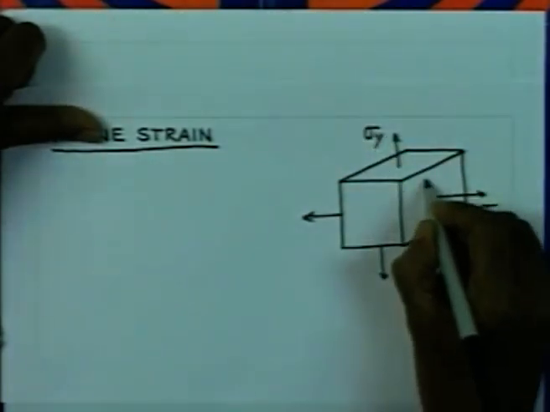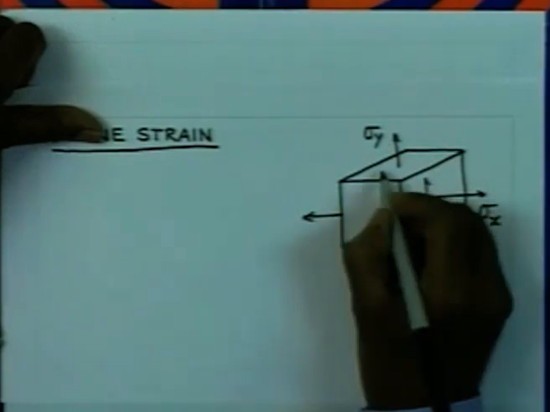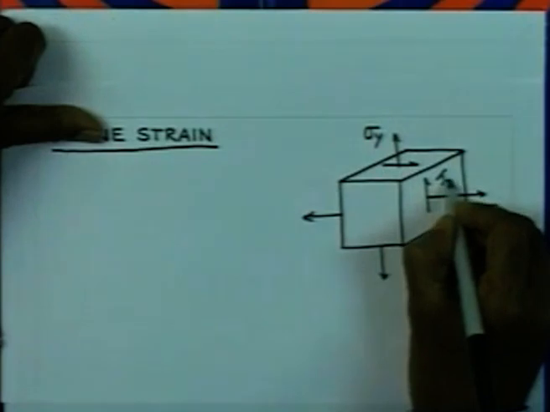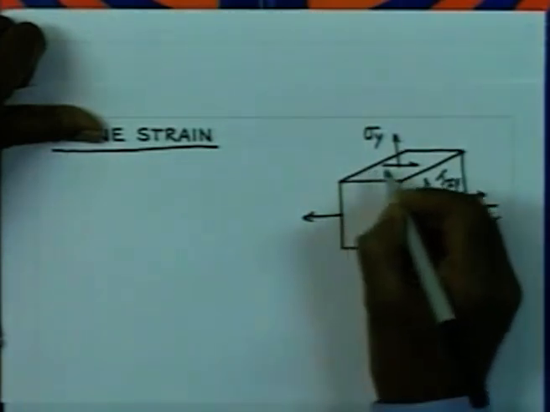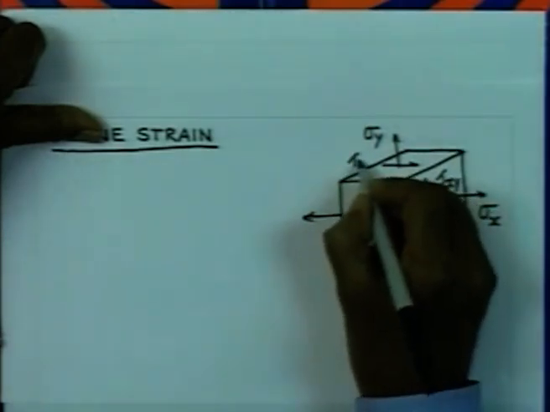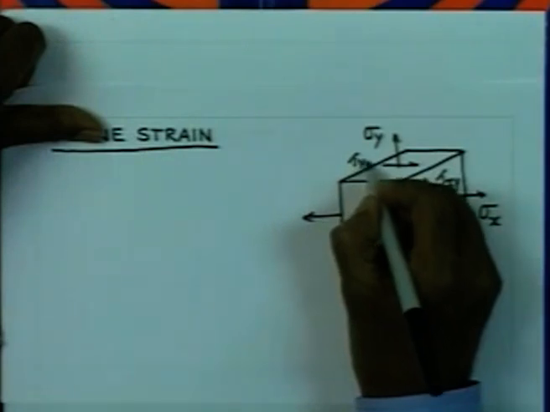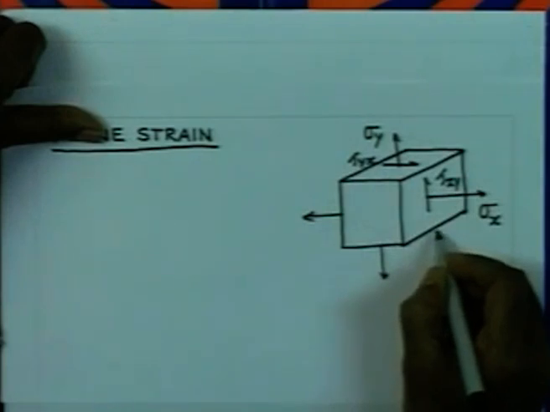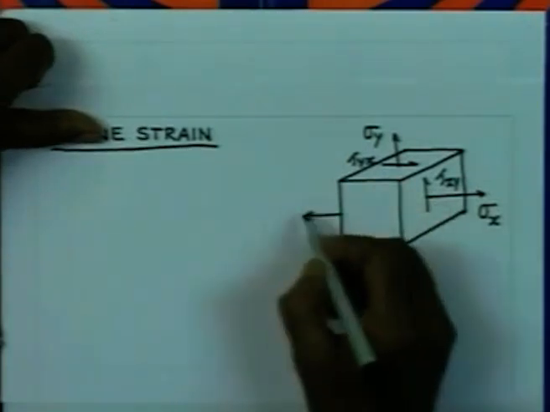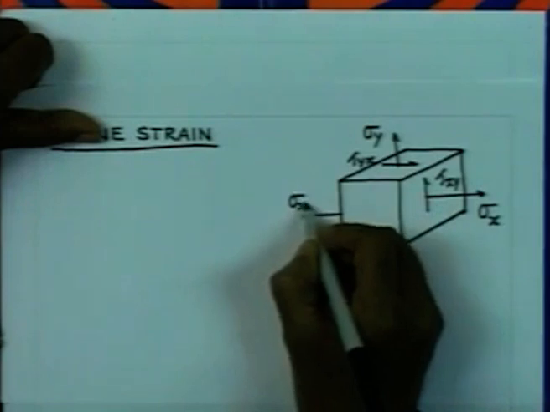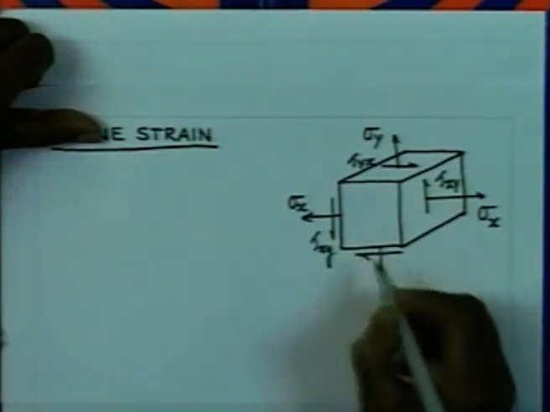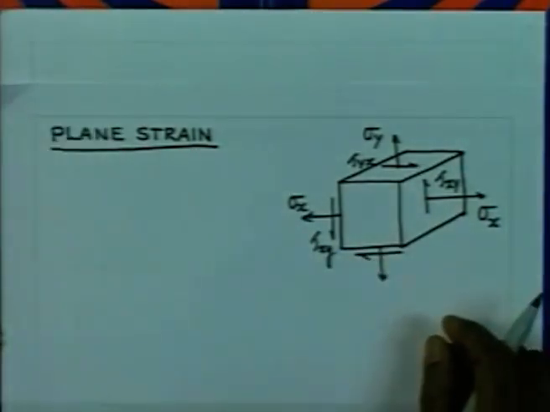We can also have the shear stresses, and the bottom face will also have the stresses. This side, of course, we have sigma x and this is tau x y. So, these are the stresses on the faces.